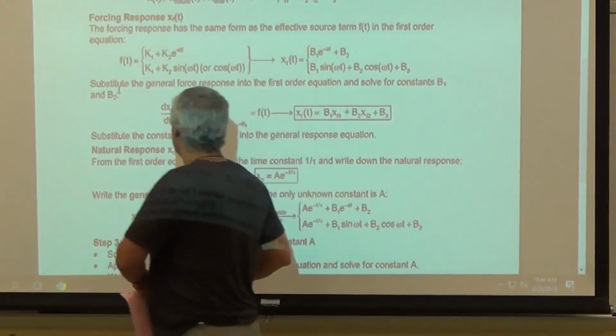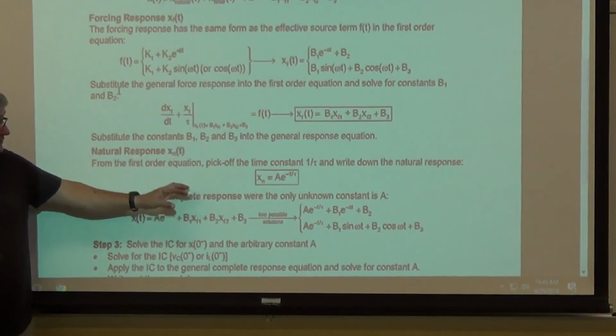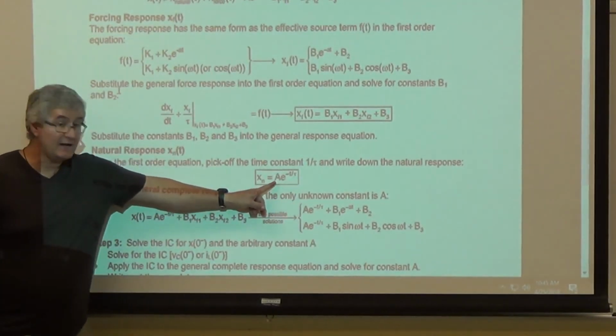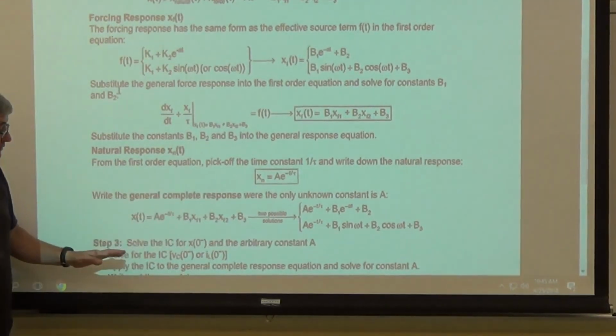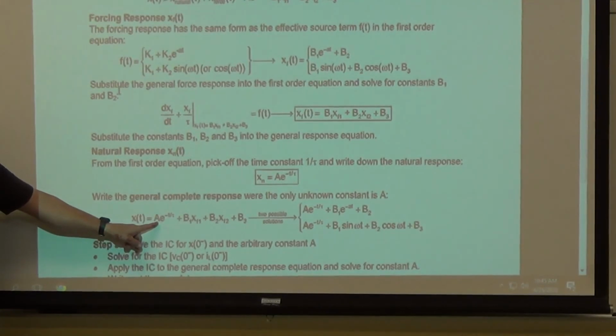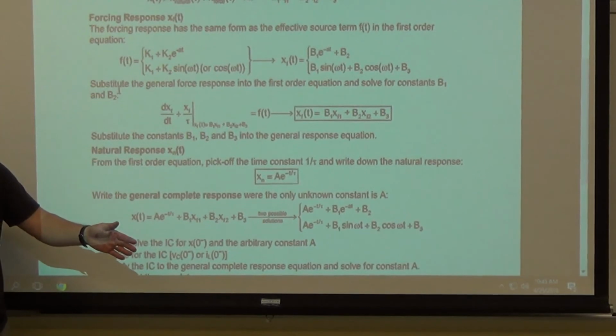And then I go get the natural response. How do I get the natural response? I pick off the tau from the equation, and then I write the A. So I got my time constant, and then I got the A here. So when I look at the whole solution, A is unknown, B1, B2, B3 are known.